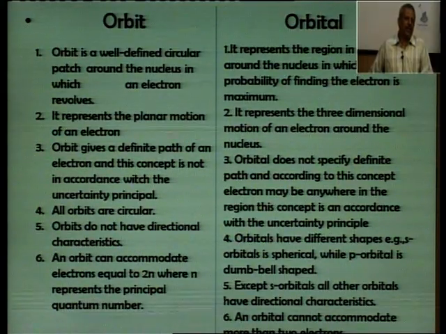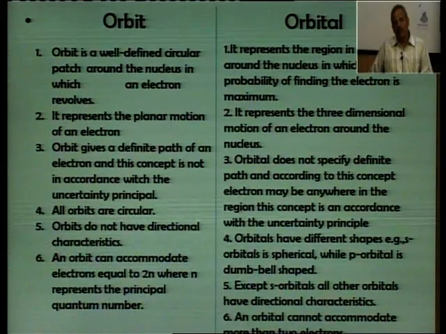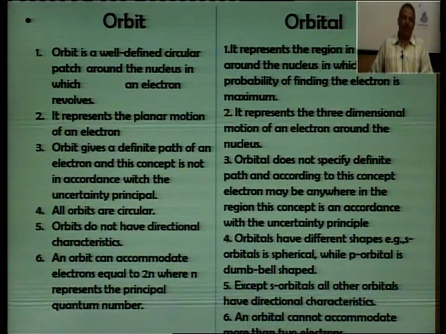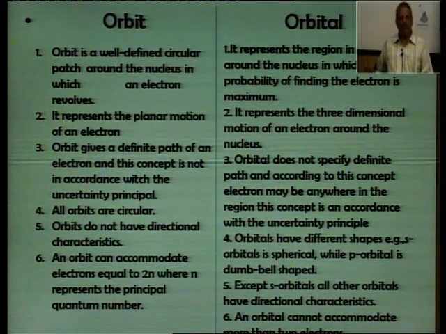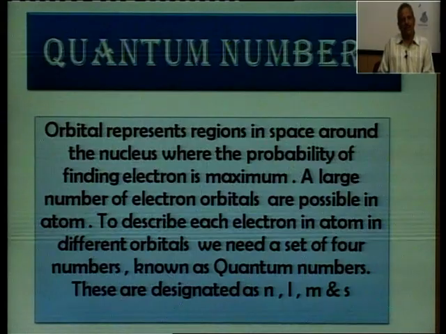If the value of n is 3, then an orbit can accommodate 18 electrons, while in an orbital only 2 electrons can be accommodated. So, this is the major difference between the orbit and orbitals.